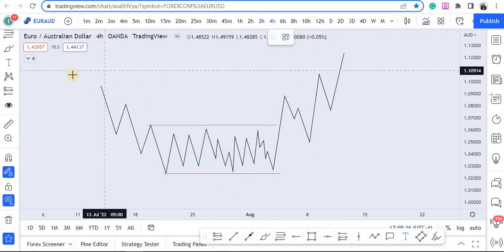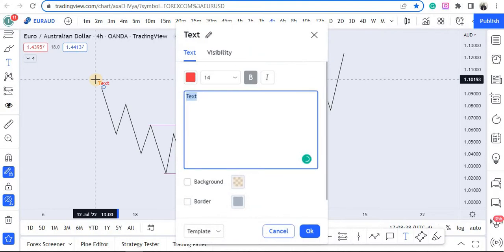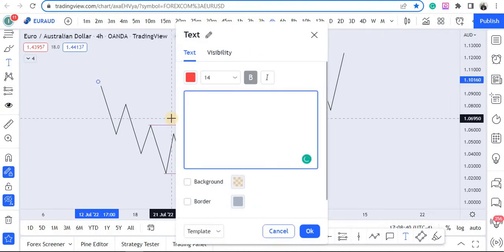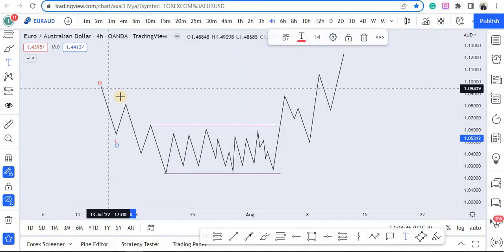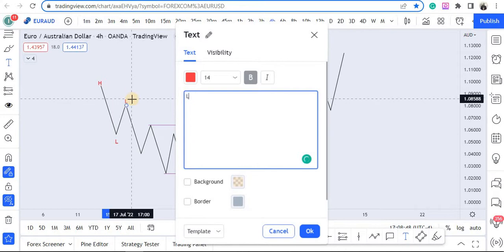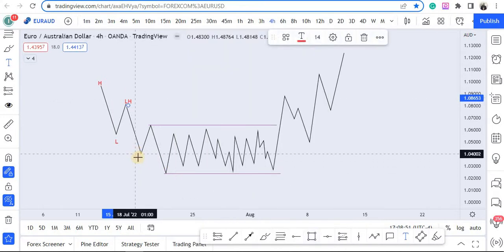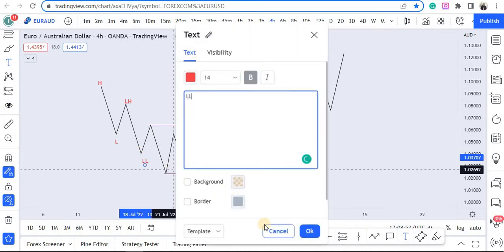If we're going to map it, we have this high, this high, this low, this lower high, this lower low.